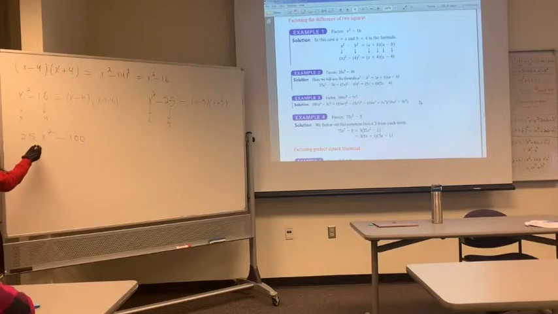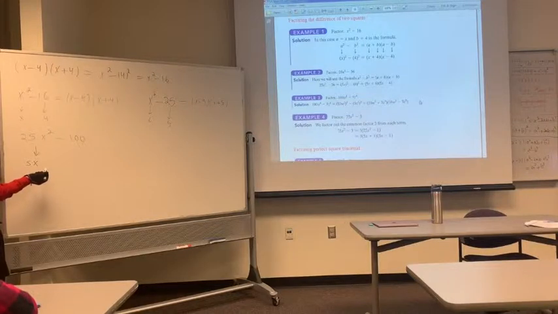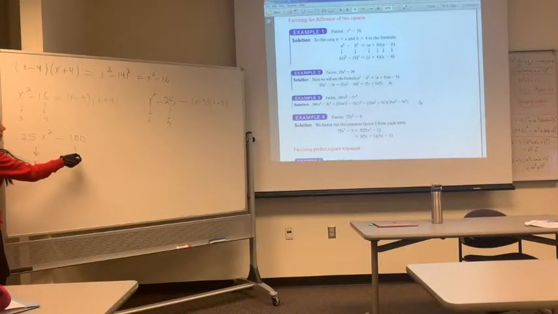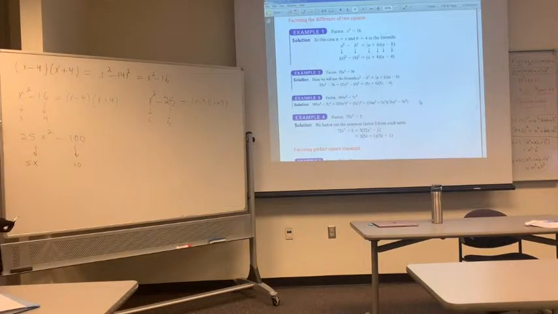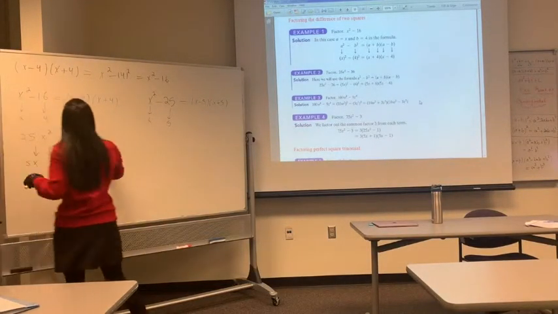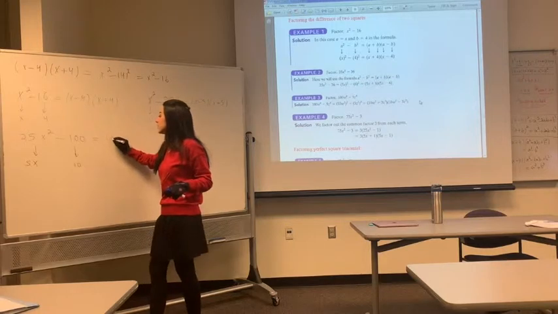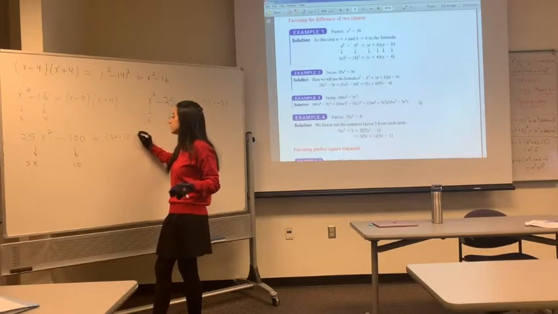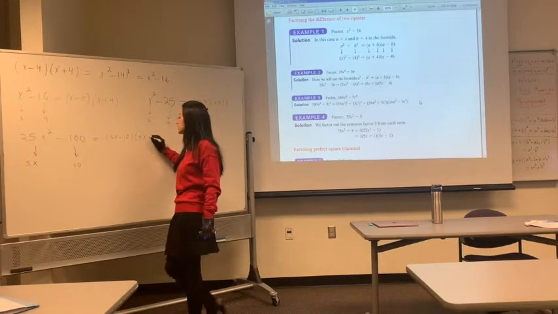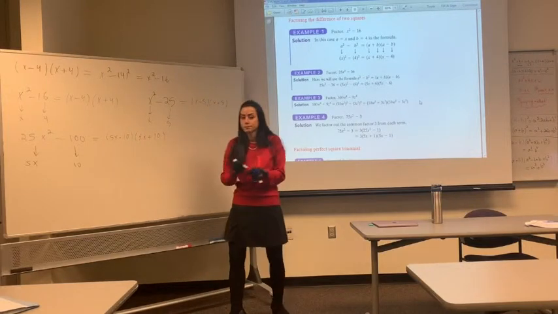So this one was 5x power 2, right? And this one is 10 power 2, okay? So one time we subtract them, 5x minus 10, the other time 5x plus 10.